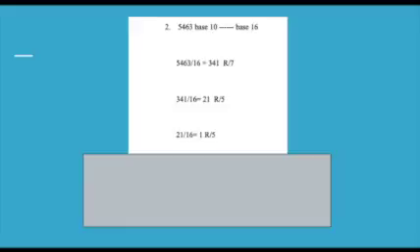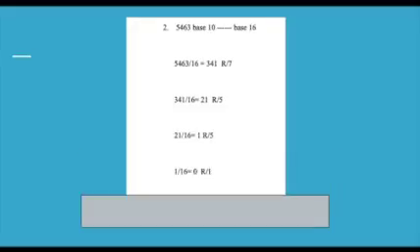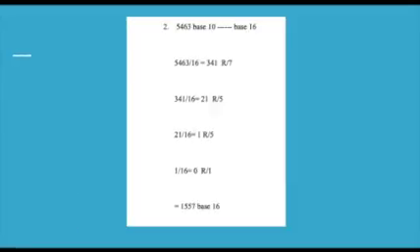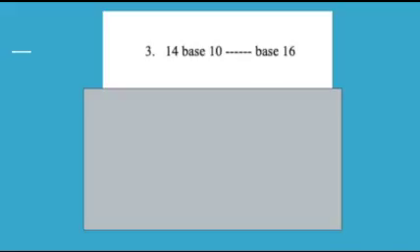Then you bring down the 21. 21 divided by 16 is 1 with a remainder of 5. And then 1 divided by 16 is 0 with a remainder of 1. Then, starting with the most recent remainder, you get 1,557, which is 1,557 base 16.